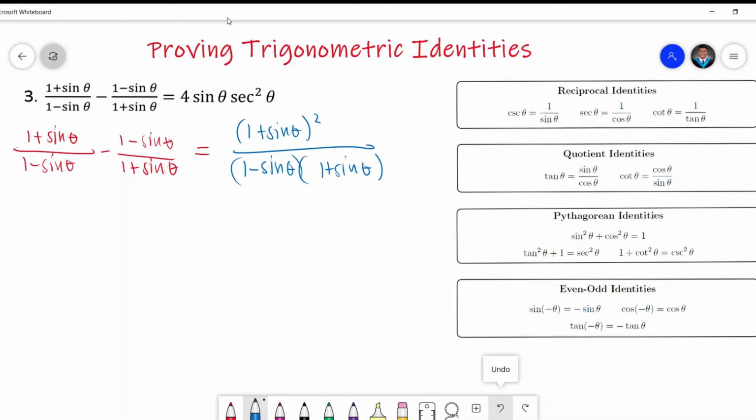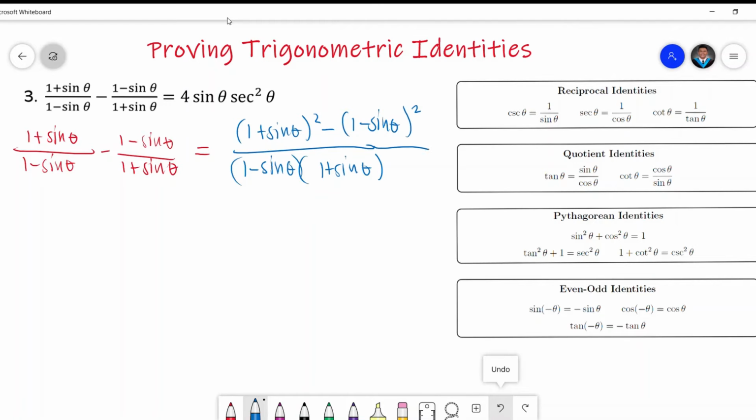Then doing the same process sa second term, so i-divide natin yung LCD natin sa denominator, 1 plus sine theta, that will give us 1 minus sine theta, then si 1 minus sine theta, i-multiply natin sa numerator, and that will give us minus quantity 1 minus sine theta squared.